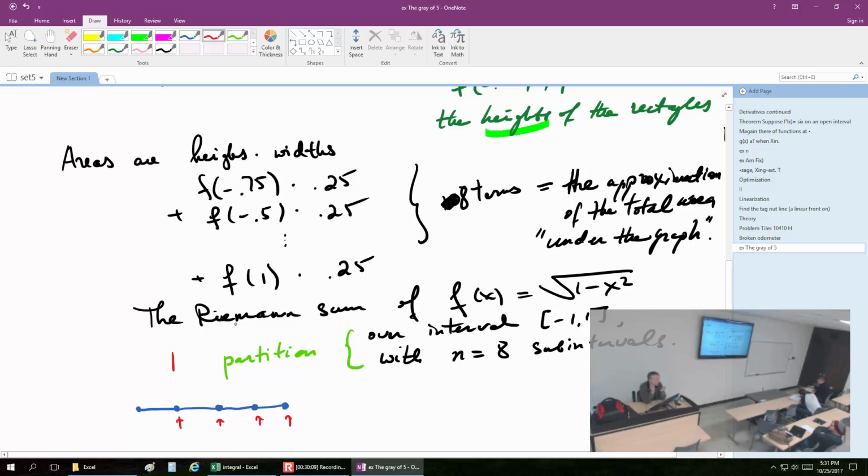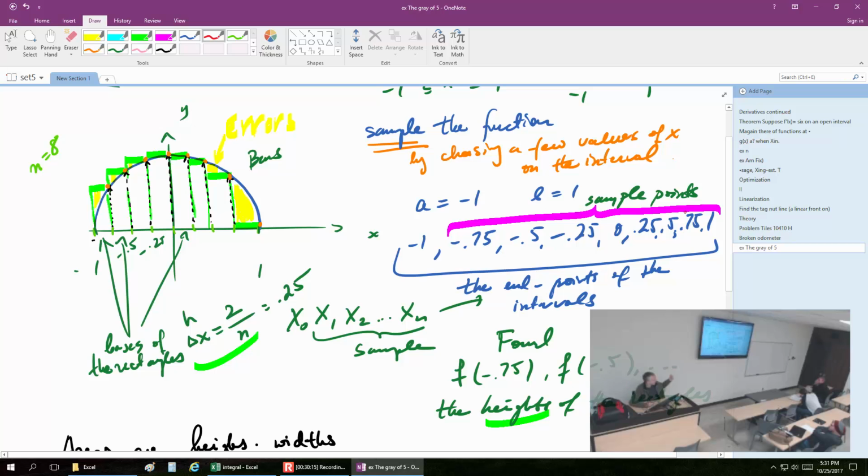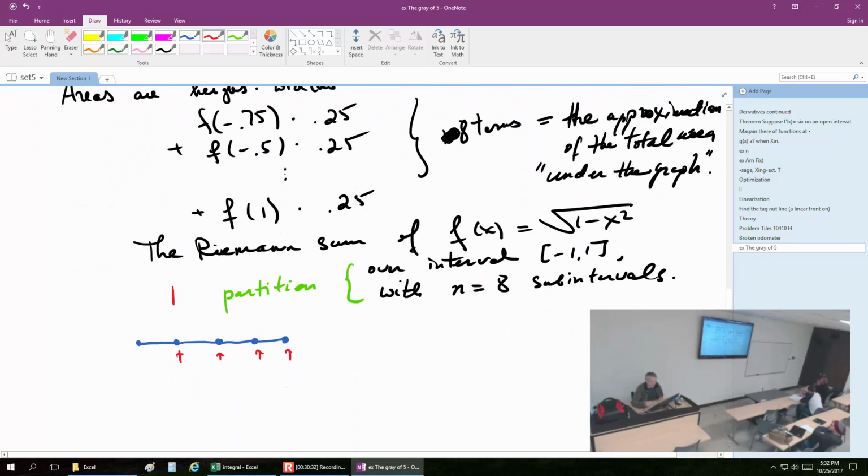The area of a rectangle of 0 width will be 0, so that's why we're not concerned with it. But this is what we have, this partition, and that's an approximation.